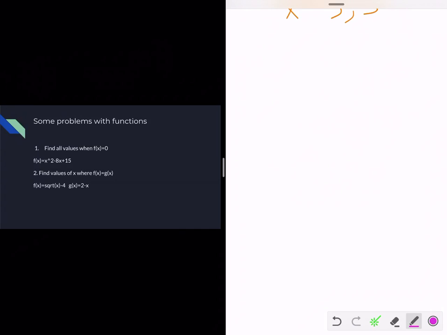And let's do a slightly harder problem, but still totally possible. Find all values of x where f of x equals g of x. And they give you f of x and g of x. So this is just saying find x where the square root of x minus 4 equals 2 minus x. The first thing I would do in this situation is isolate this square root. So just add the 4.